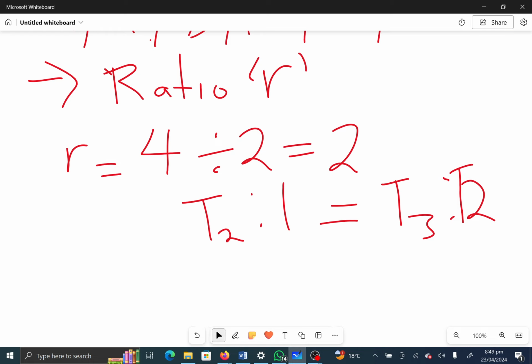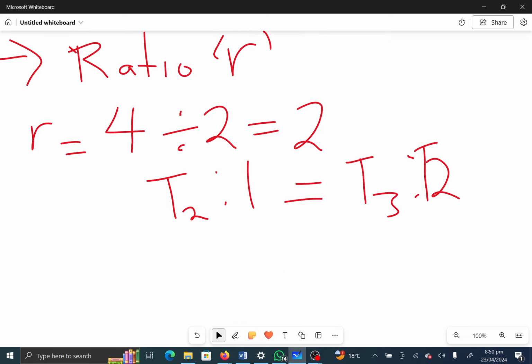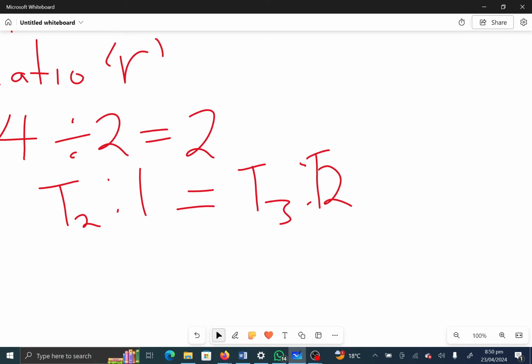In ratios, we divide the term by the preceding term to get the ratio, which is called R. In a GP, these ratios are equal to a common R.